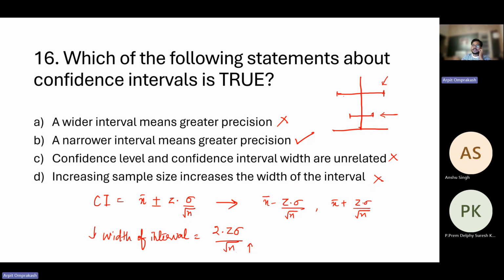So the wider interval gives you less precision, and the narrow one gives you high precision, since you can narrow down the position of the mean. So the answer here will be option B. A narrower interval means greater precision.